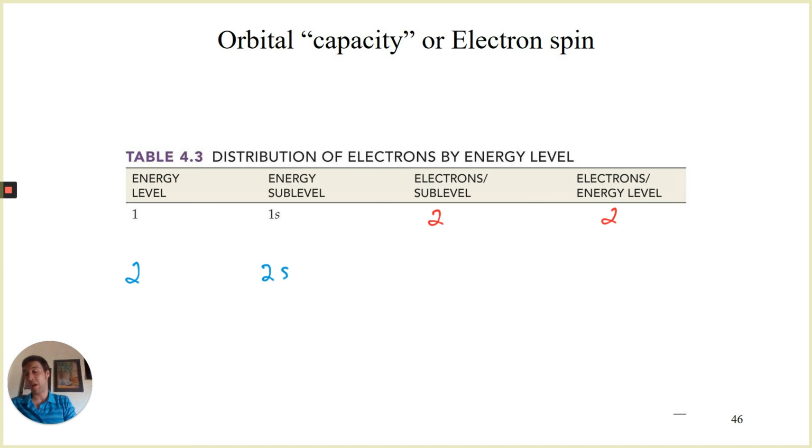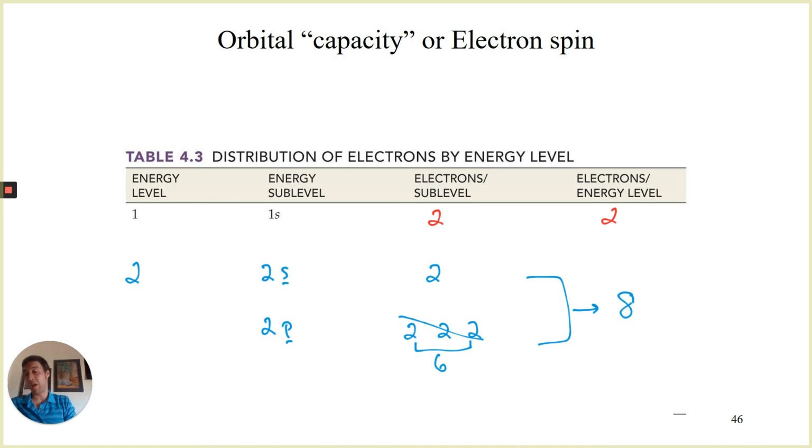I'm going to get another S type, but it'll be 2S now, and I'll get a 2P type. The 2S, again, one orientation, can only hold 2 electrons. The 2P type has 3 orientations. Each of those can hold 2 electrons. So not 222, bad joke, it's 6. Which means for the second energy level, I can fit a sum total of 8 electrons.